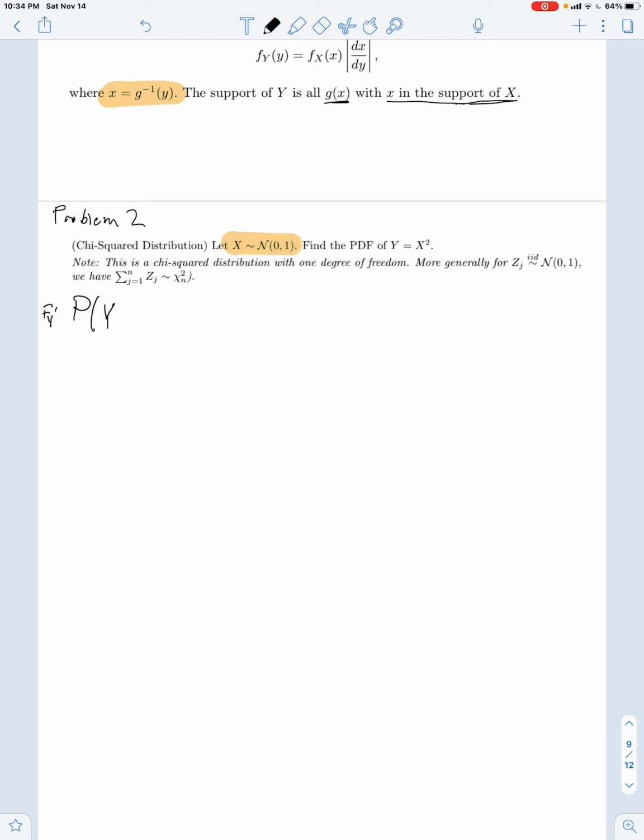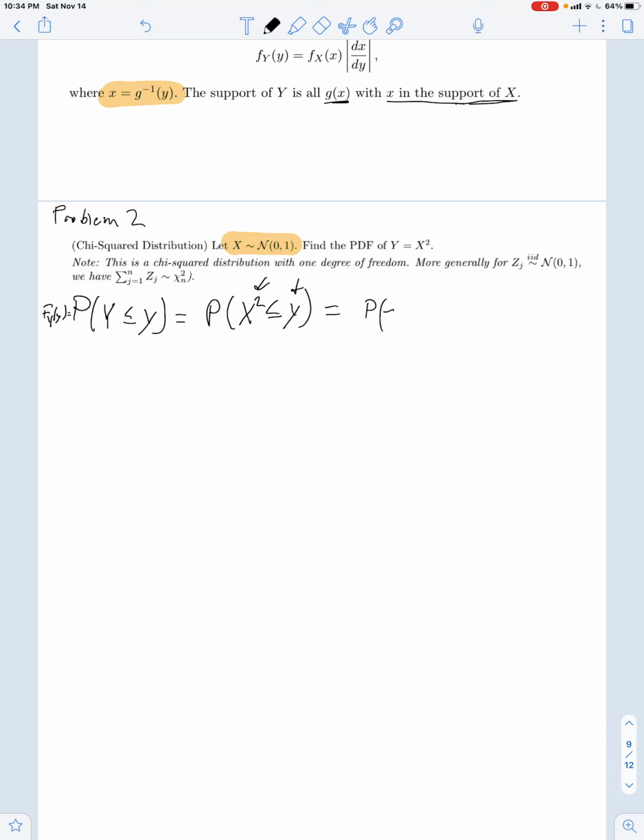So F_Y of y is equal to the probability that X squared is less than or equal to y. Then I can take the square root of both sides, but because I'm taking the square root, I must consider both the case where x is the positive square root of y and the negative side.